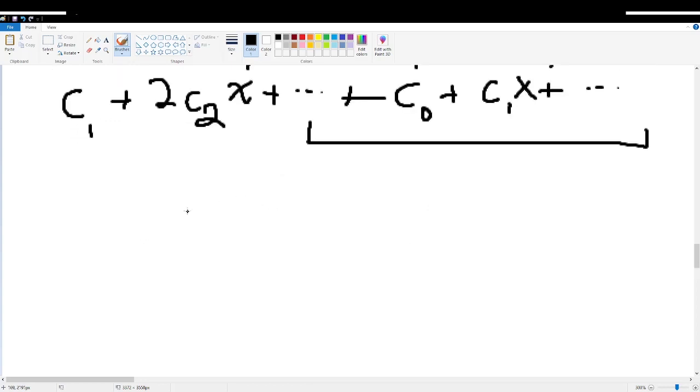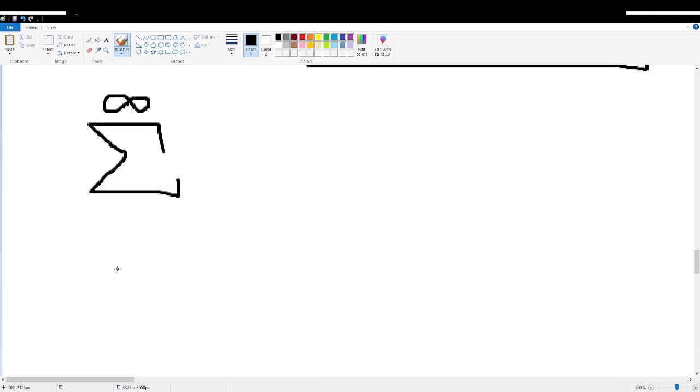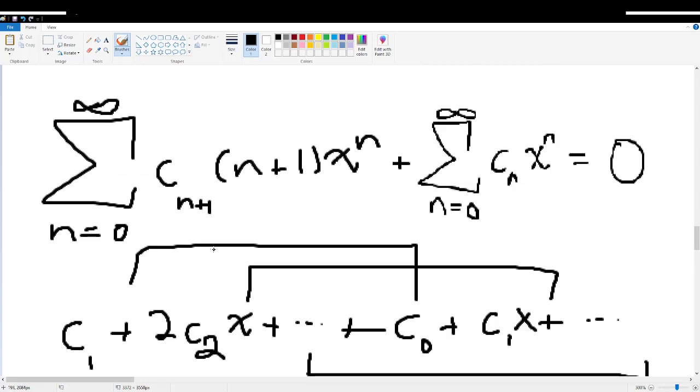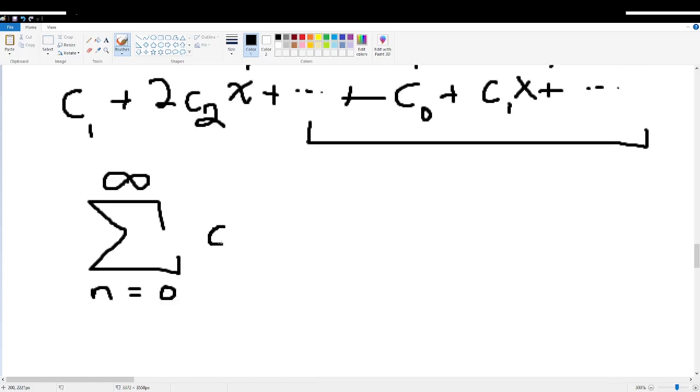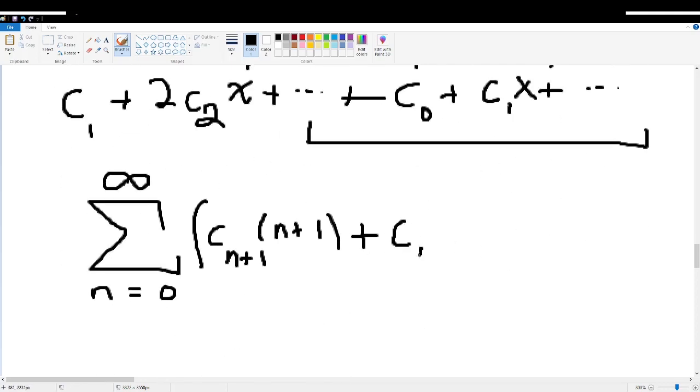If that was unclear, let me write it out. We can write the sum of these two in the following form. Notice that the index of both is the same, and that's a requirement. The index begins at the same value, I should say. We can write this as c_(n+1) times (n+1) plus c_n, times x to the n, is equal to 0.